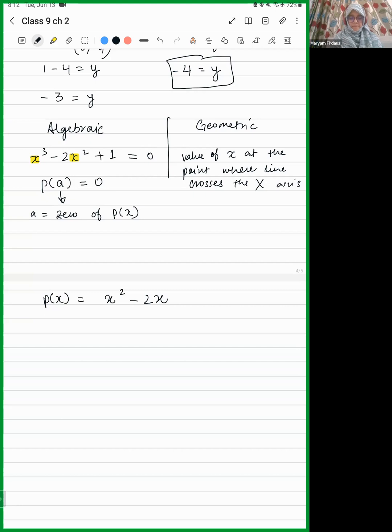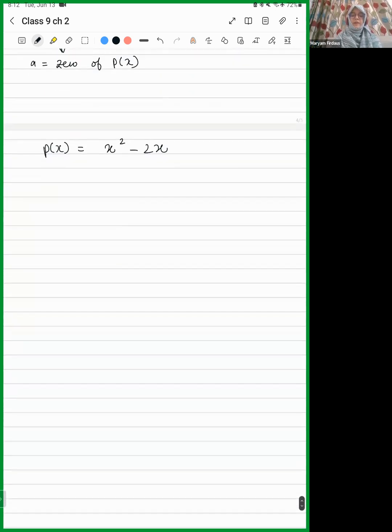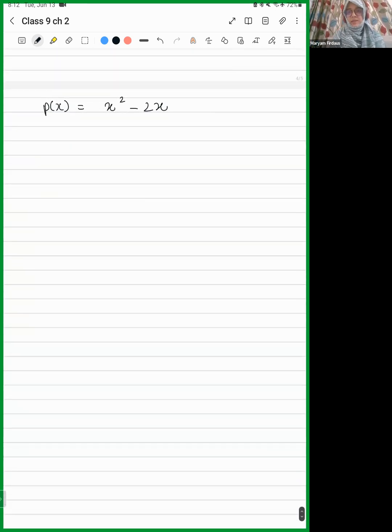Yes, ma'am. Now let's see this one. P of x equals x square minus 2x. Now, what do we do here? Let me just give you a few numbers. Try putting in 0, 1, and 2 and tell me which of these is a 0 of this polynomial.